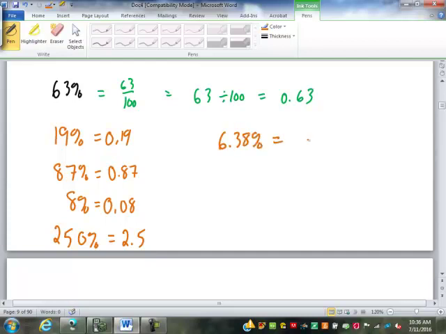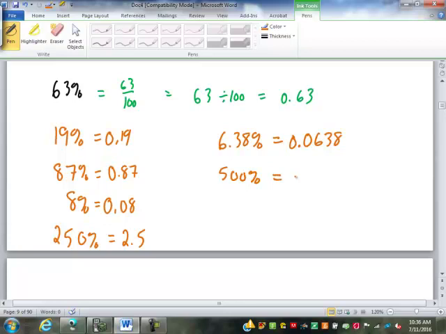6.38%. What is that going to be as a decimal? 0.0638. Yeah. Have to go 2 decimal places. Move divided by 100 still. 5%.